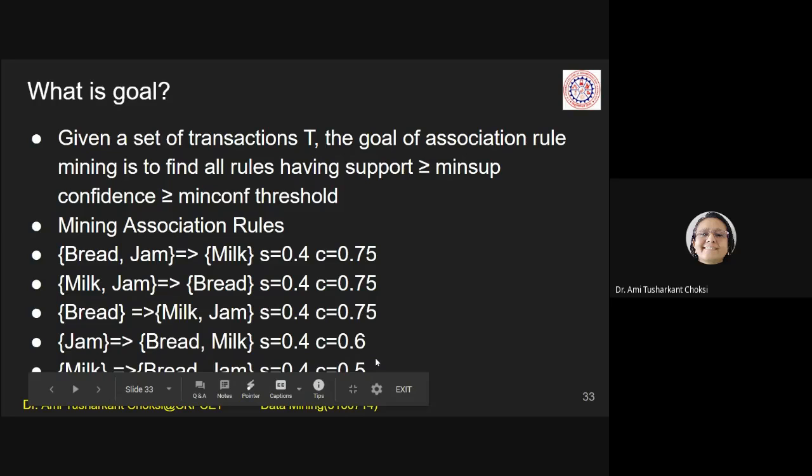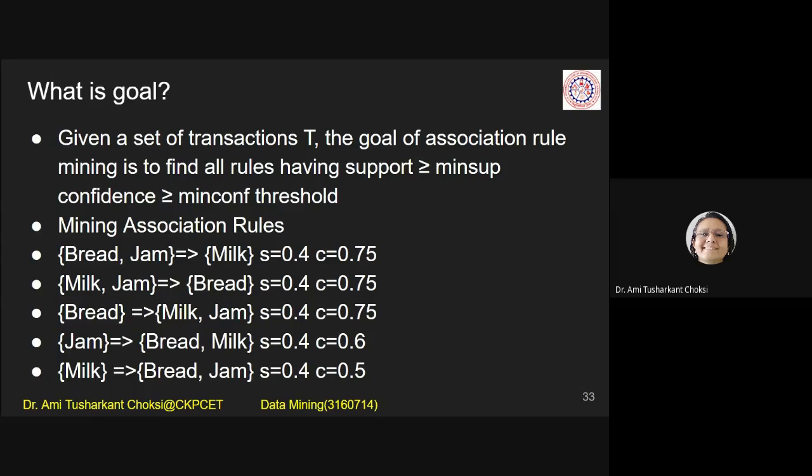So what I mean to say is, if item set is similar, we can have this support same but not the confidence. Here you can say for first three rules it is having the 0.75, and for other it is 0.6 and 0.5.